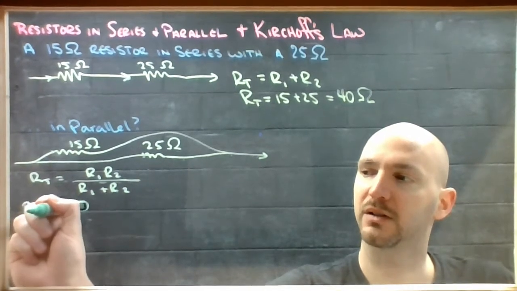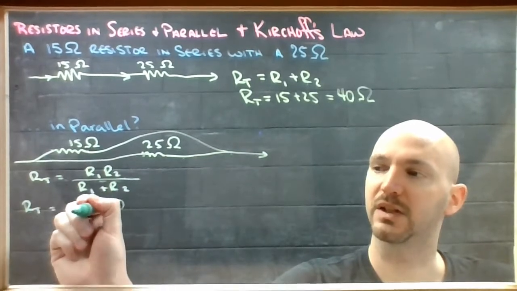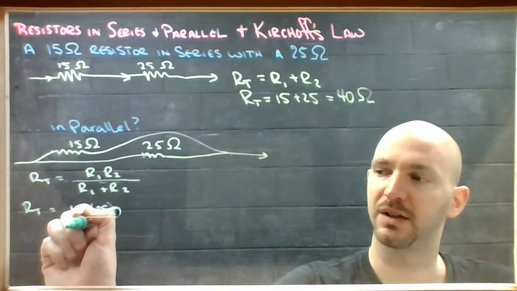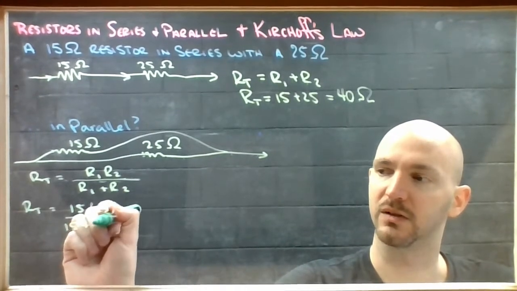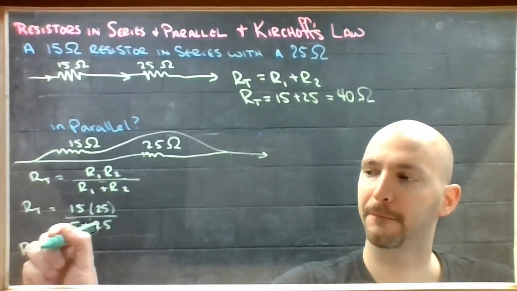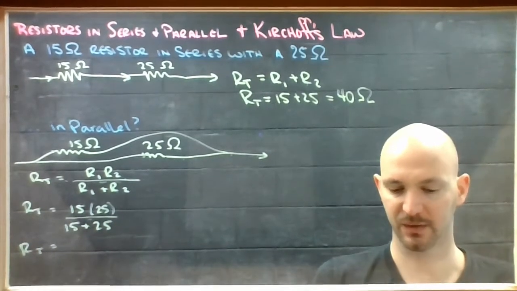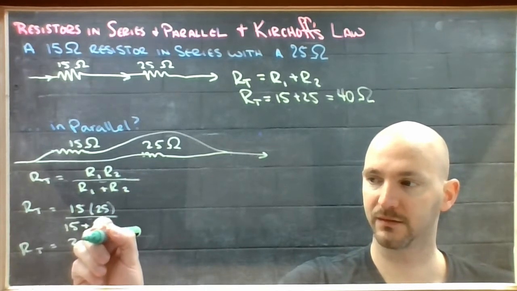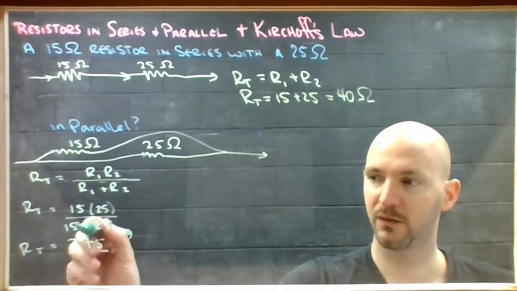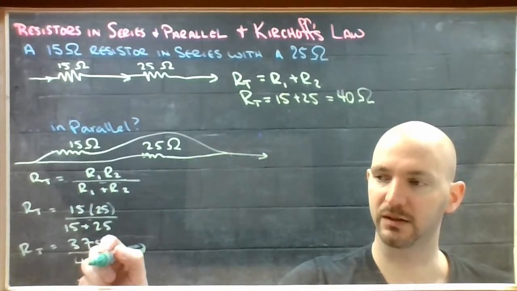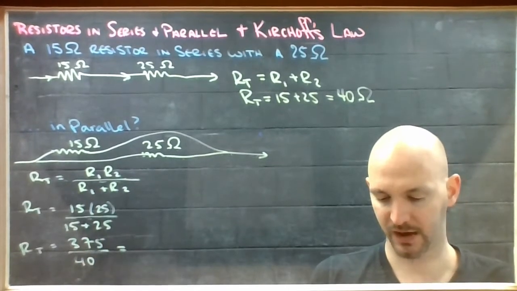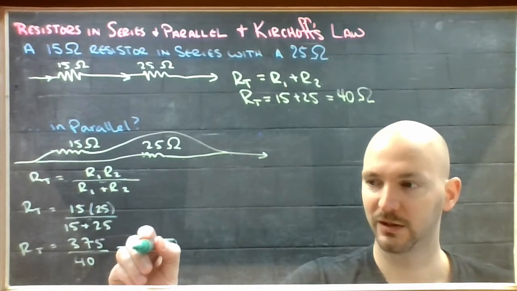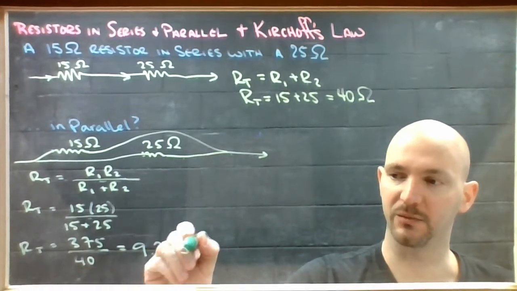So if I'm going to put those numbers in, R1 is 15, R2 is 25, and 15 times 25 is 375. 15 plus 25 is 40, and 375 divided by 40 gives you, lo and behold, 9.375 ohms.